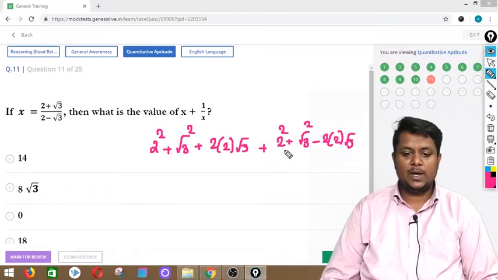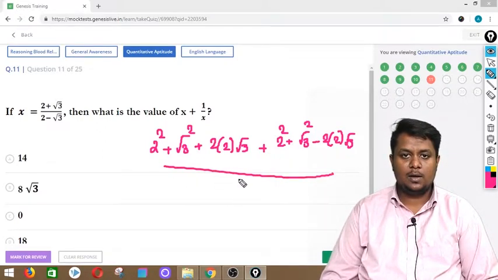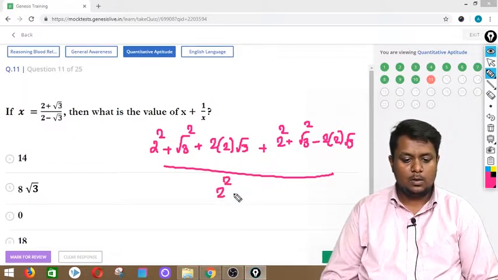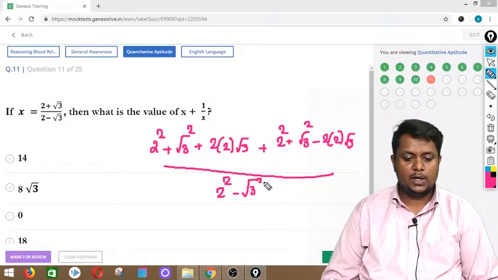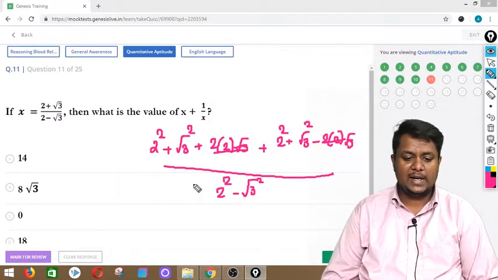We are using the formulas for (a plus b) the whole square and (a minus b) the whole square. Now 2 square minus root 3 square, that was there in the denominator. Plus 2 into 2 into root 3 and minus 2 into 2 into root 3 will get cancelled.